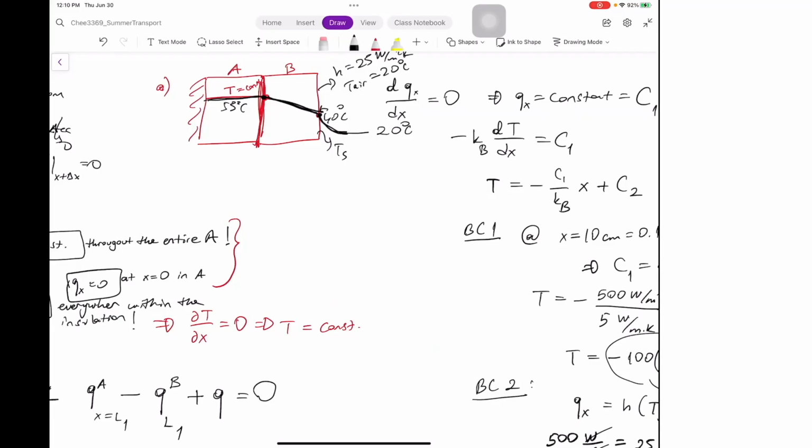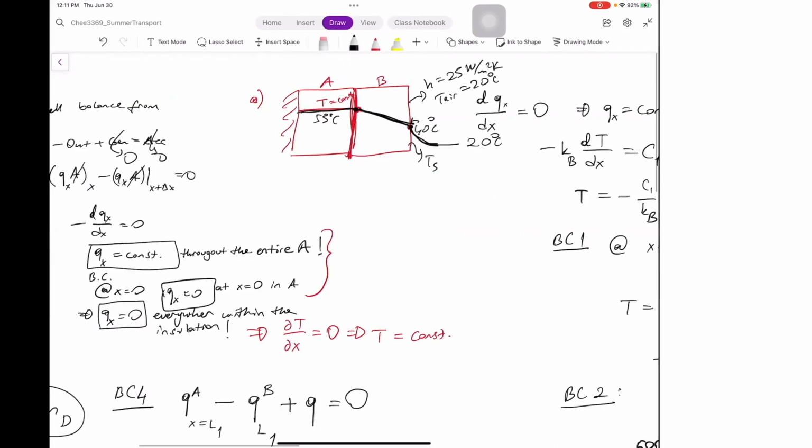Okay, so we answered both part A and B. And sketch the thermal circuit representation of the system. So you basically should have something like R insulator is infinity, right?